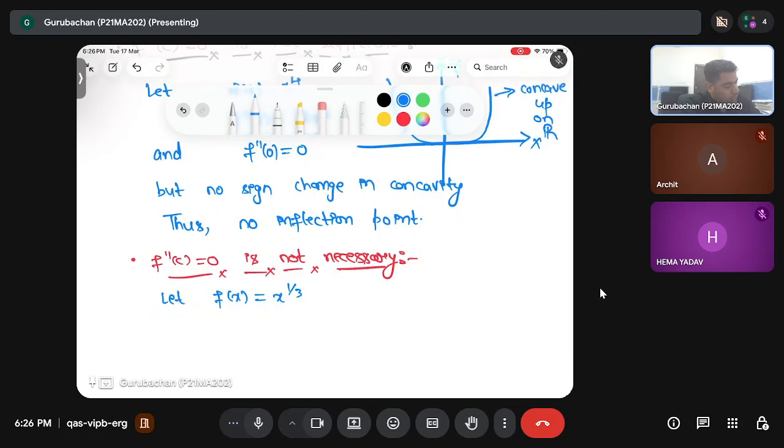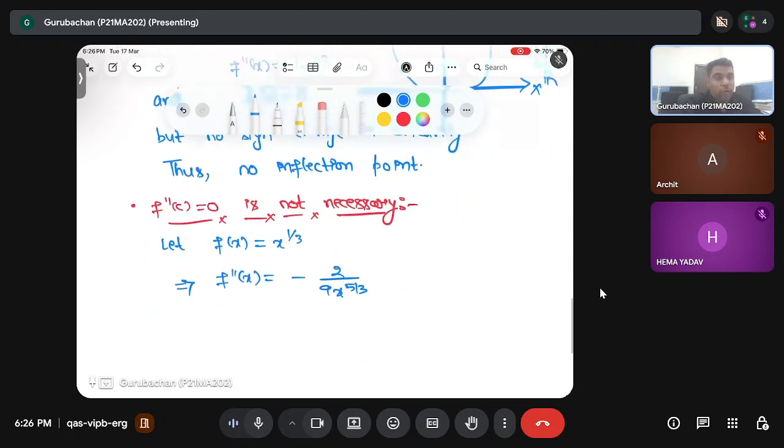So the double derivative will be minus 2 by 9 x to the power 5 by 3. If you observe, here f double dash is undefined at x equal to 0.